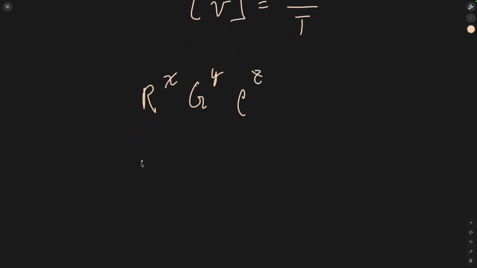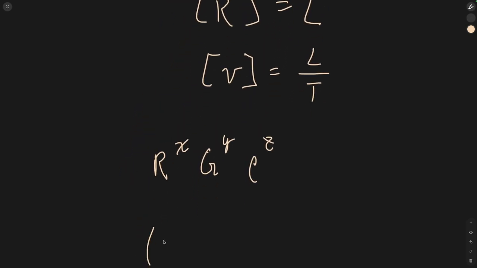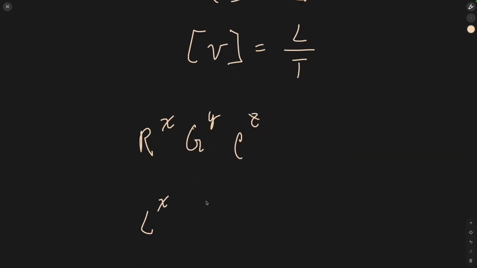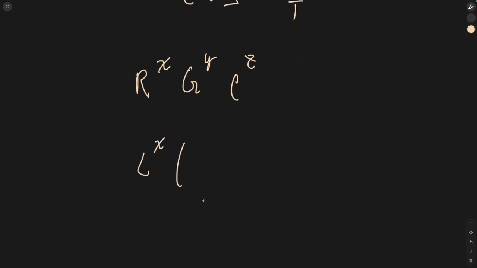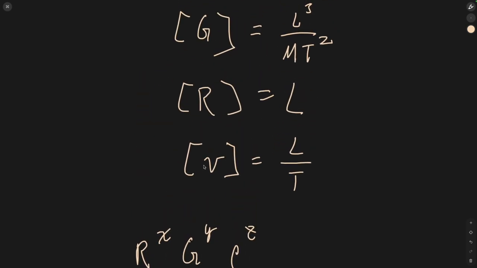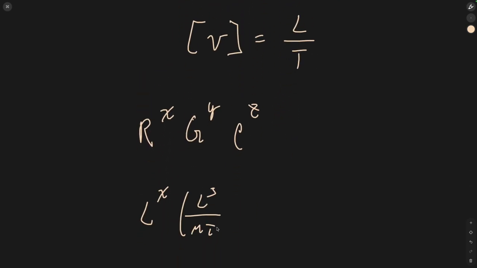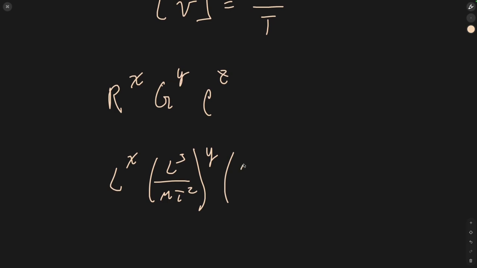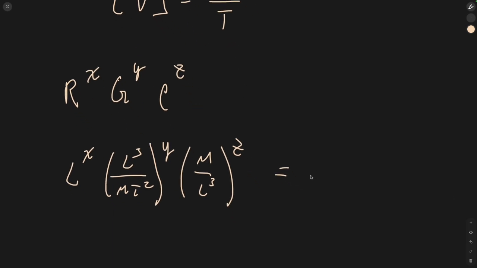So this is going to look like, if you write it in terms of the units, length to the X, you don't need the parentheses, length to the X, G, which is length cubed over mass time squared to the Y, and rho, which is mass over length cubed, to the Z. This needs to look like length to the 1, time to the -1.